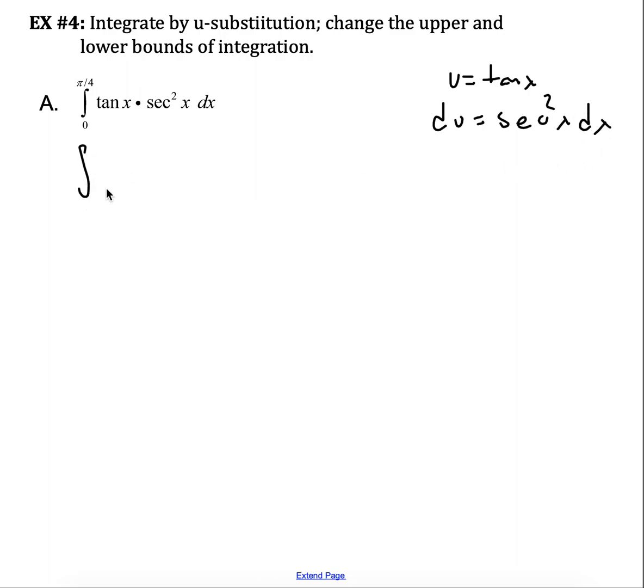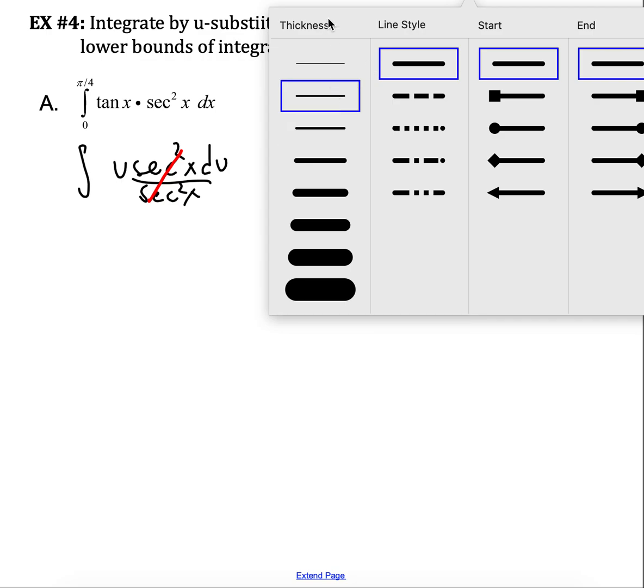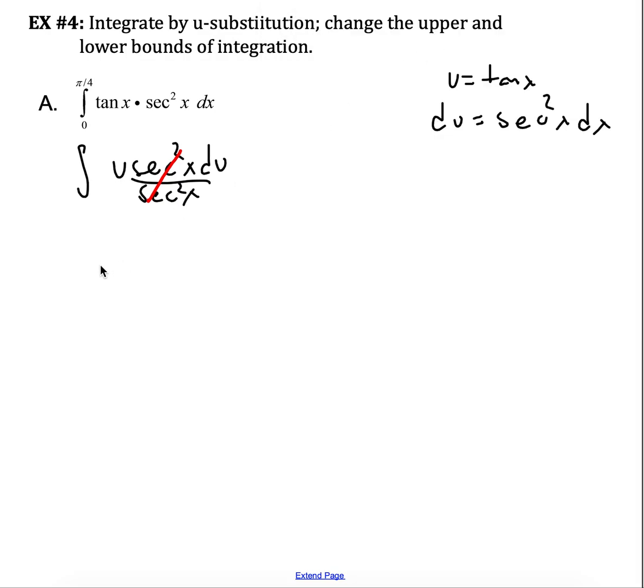So I go ahead and rewrite that. Secant squareds cancel out, and I'm left with u du.